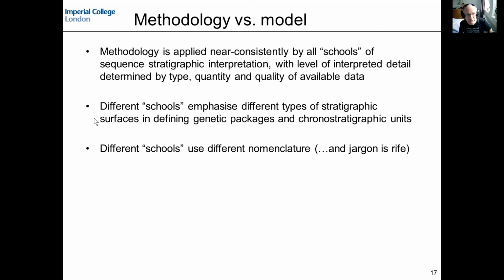But those different schools tend to emphasize different surfaces, different stratal packages, as being important. Some schools emphasize one type of surface, other schools emphasize a different type. And I'm afraid there's lots of nomenclature and jargon. I'm going to try to keep the language simple, but if I use terms you don't understand, then please ask.